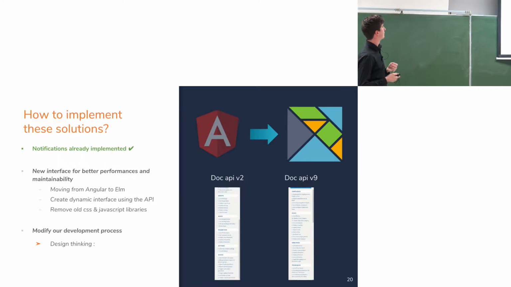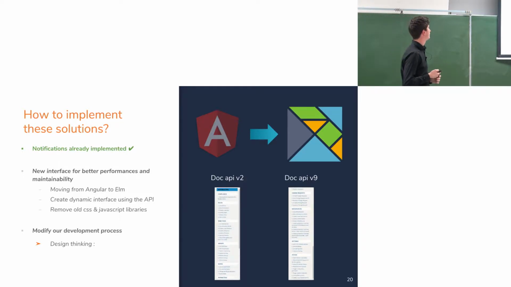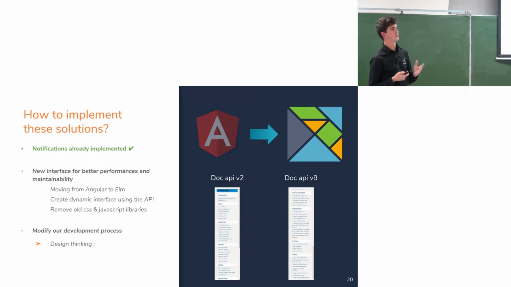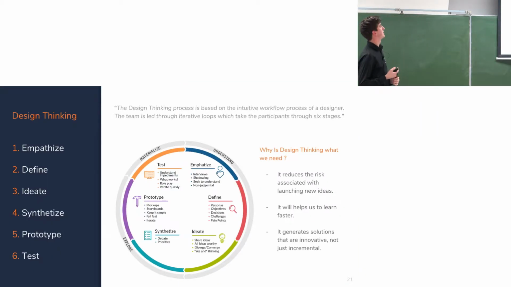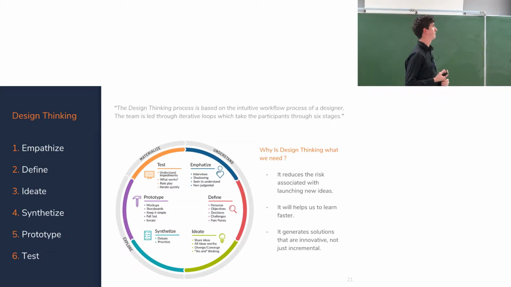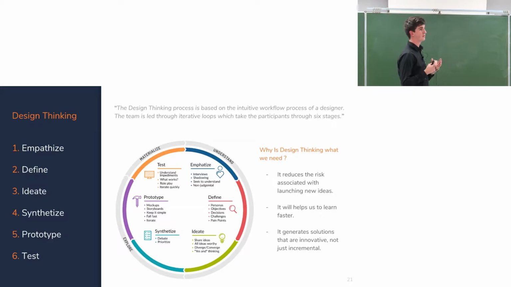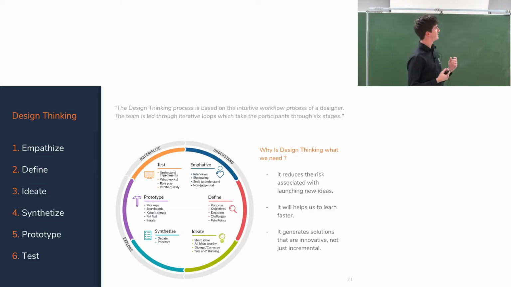So I think we have to modify our development process, and we want to implement a new process called design thinking. Design thinking is a process based on the intuitive workflow of a designer. The team is led through iterative loops which take the participants through 6 stages. The first stage: empathize with the user.